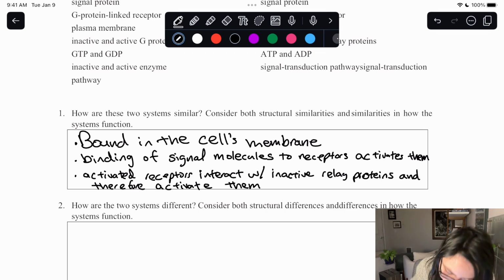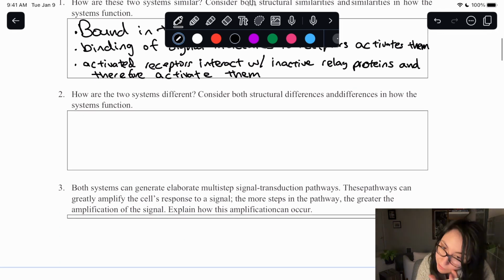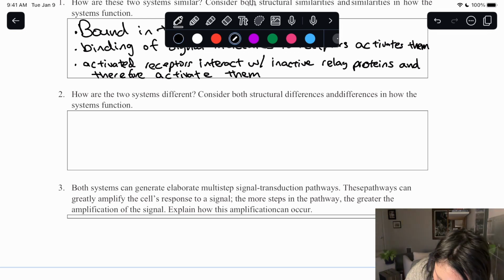Pretty straightforward there. So now we'll move on into how are they different. So I'm going to create a little bit of a line here in this box.